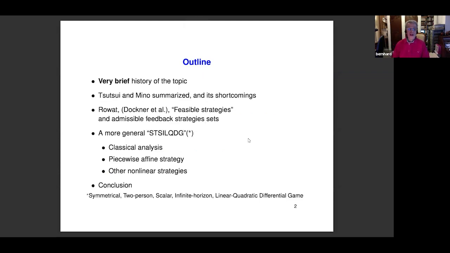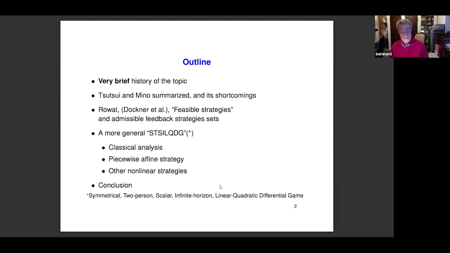So, a very brief outline. I will say just one word about the history of the topic. I will summarize the technique of Tsutsui and Mino, making it more compact maybe, and that's why I criticize its shortcomings. One word about the problem considered by Rowat, and I will make a detour by the problem of the choice of admissible sets of admissible feedback strategies, which is an old problem in differential games.